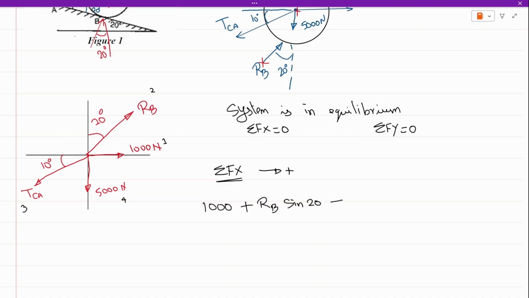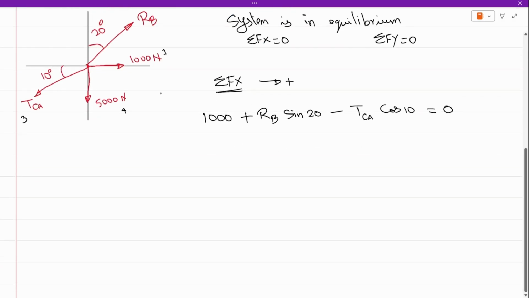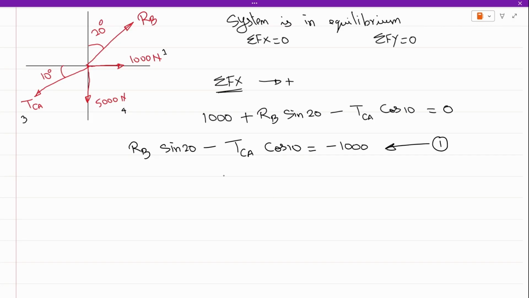Minus TCA, the angle is decreasing now, so minus TCA cos 10 degrees. The 5000 is vertical, in the y-axis, so we can't consider it. This is equal to 0. As an equation: RB sin 20 minus TCA cos 10 is equal to minus 1000.